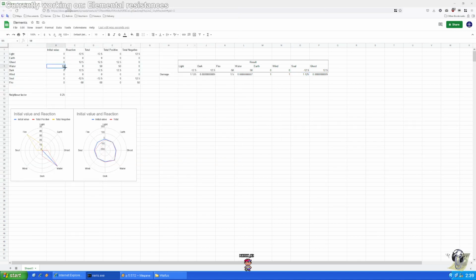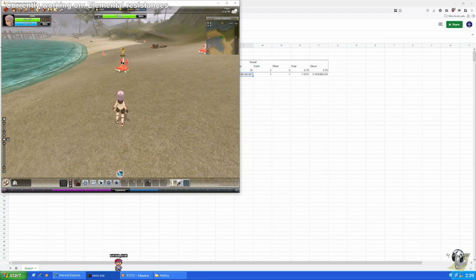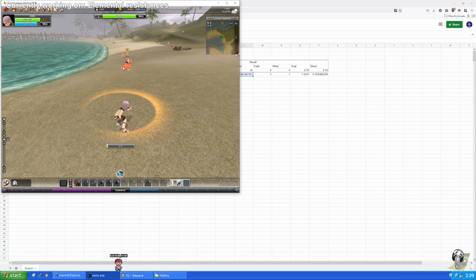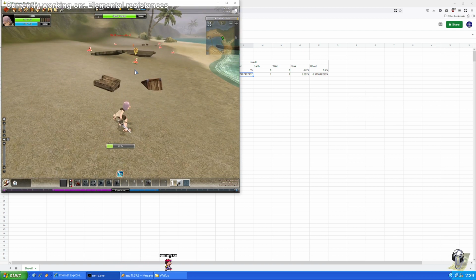So for the small ones, they have 35. So fire is going to have a 35 percent increase. And water 74%. So fire. Oh wait, I wanted to test the small ones. Fire.